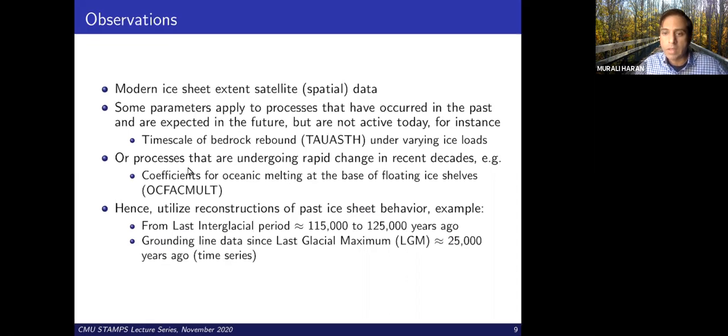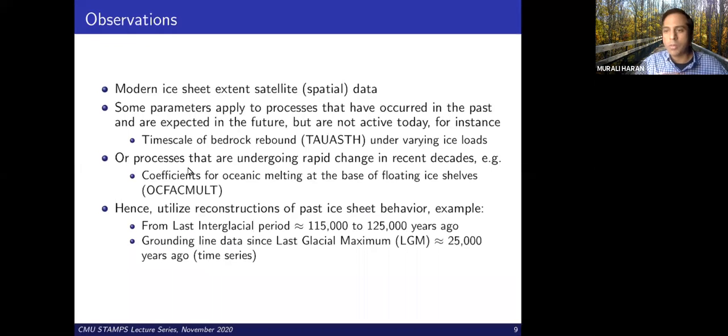For example, here's a parameter, this tau ASTH, which is a timescale of bedrock rebound under varying ice loads. This is kind of a fun one. It basically says that if you dramatically reduce the ice load, so there's a lot of melt, then how quickly the bedrock rebounds, having had a massive amount of ice stacked on it, is dictated by a parameter in the model.